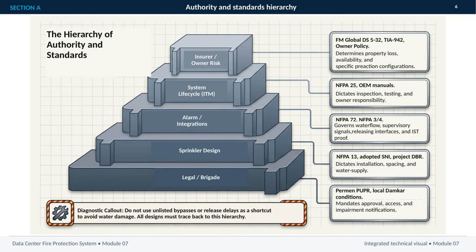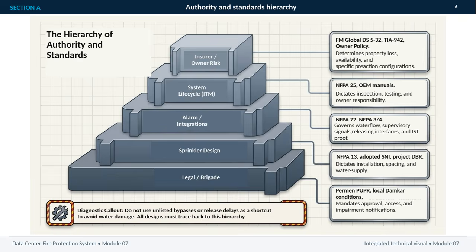The alarm and integration layer then relies on NFPA 72 and NFPA 3 and 4 to control water flow and supervisory signals, releasing interfaces, and integrated systems testing. Sprinkler design itself follows NFPA 13, the adopted SNI requirements, and the project's design basis report. These determine installation, spacing, and water supply.